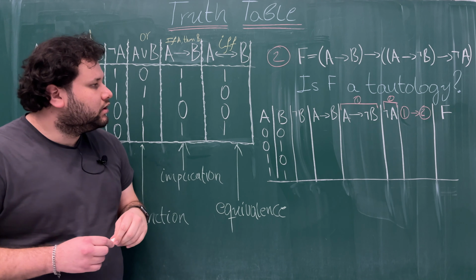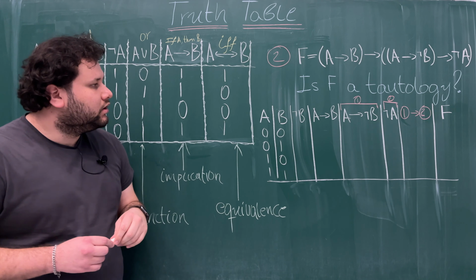Now let's find A implies B, because we have in here A implies B. As we already know, A implies B is false only in one case, when A is true and B is false. So let's put that in here, that this is false, and for all the others this is going to be true.